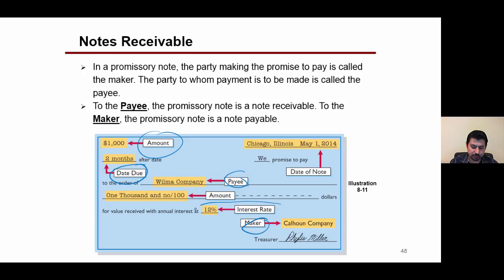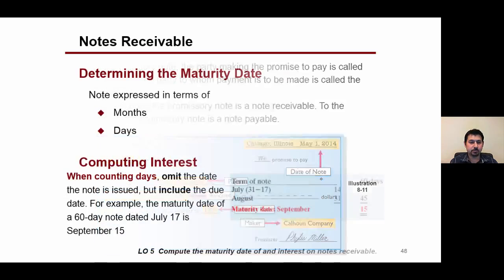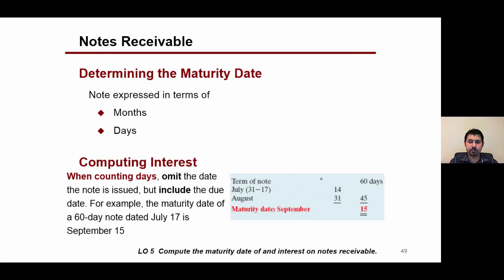It has the interest rate because, as you remember, notes receivable incur interest, and it also has the date, etc. Now, notes receivable are paid the full amount, and the interest, all at the maturity date. Usually the maturity date is expressed either in months or days, and this slide simply explains how to calculate them.